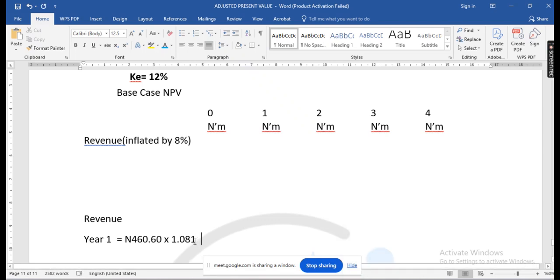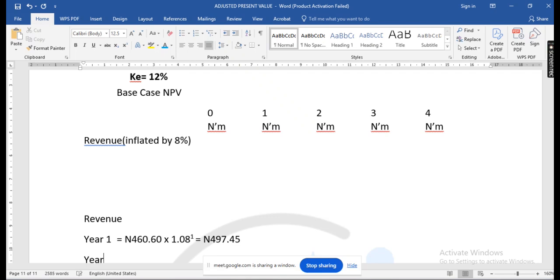Perfect. Raised to power 1, because it is based on a yearly basis. So what do you have? 497.45. That shows that you've been following, right?